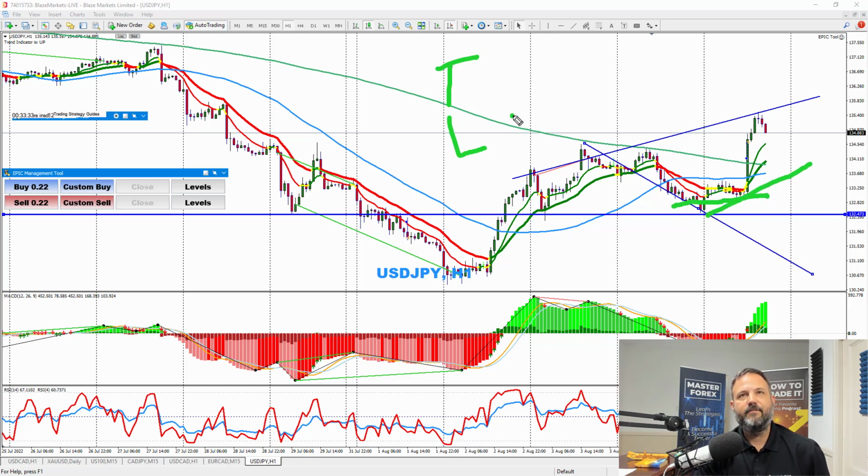So I have a level, which would be a horizontal and a diagonal, and then I'd wait for the pattern to develop, which is a price action reversal pattern. So now I have TLHDP. If I have all of those in place, then I am much more likely to get a winning trade. And you don't have to trade a lot to be a successful trader. You don't have to trade all of the time. You just got to be quality and find the right setups.